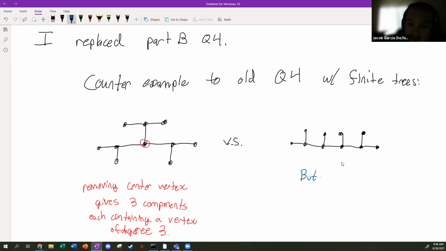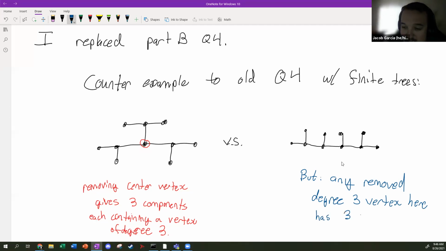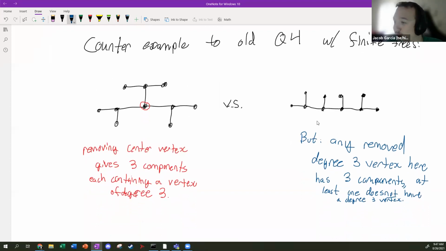But any removed degree 3 vertex here has 3 components, at least one of which does not have a degree 3 vertex. So therefore, these two graphs are not homeomorphic.